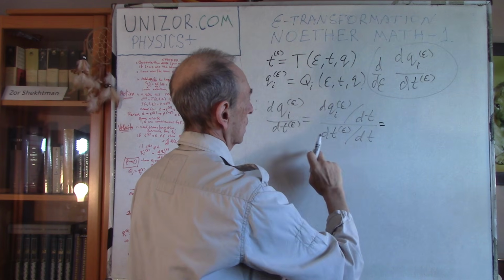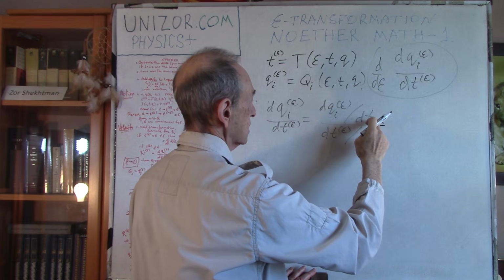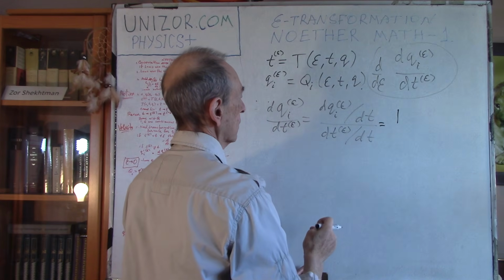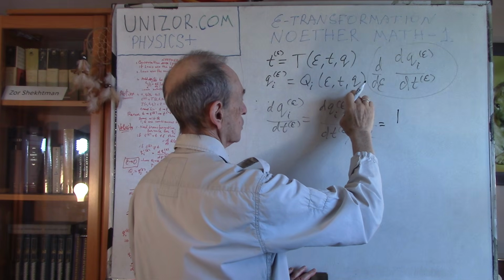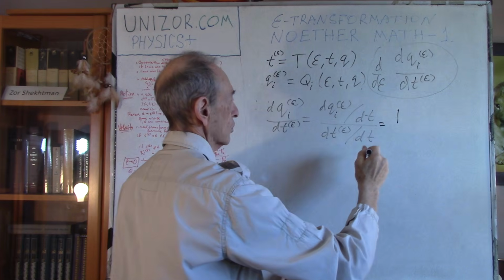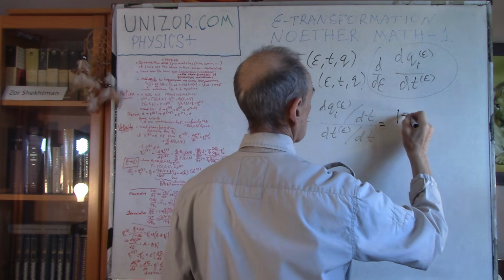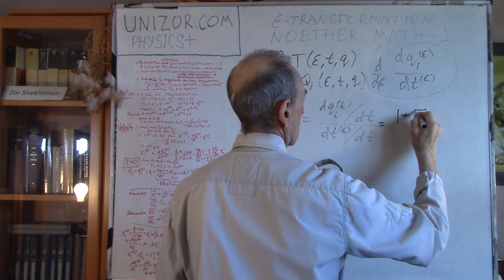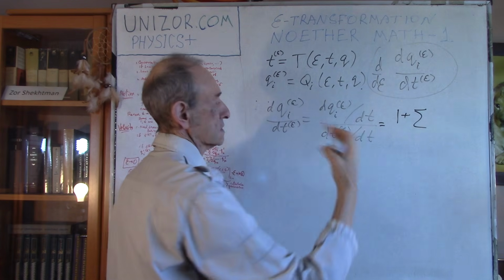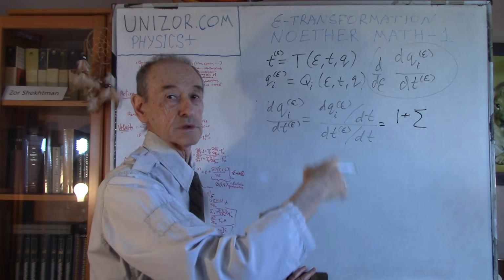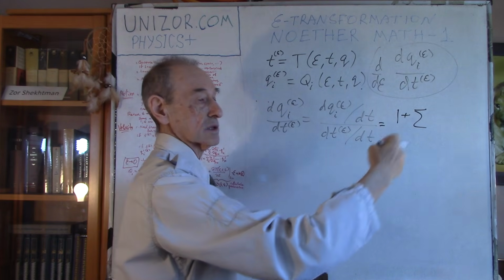differentiation of t by t would be 1, right? And the third member is partial differentiation by q times dq by dt, which would be a sum, a sigma. q basically represents q1, q2, q3, and we have to do it with the first one, the second one, and the third one.